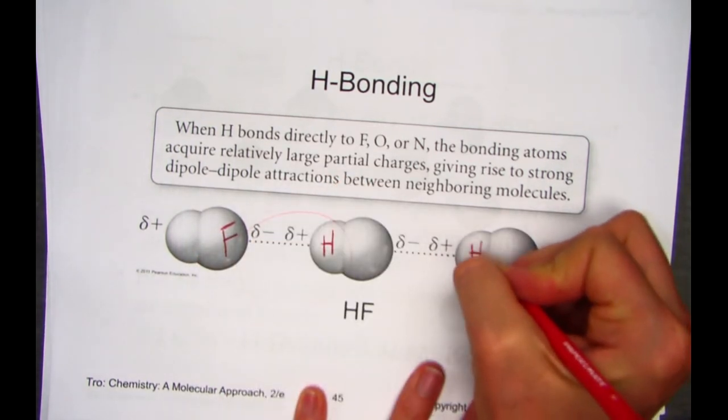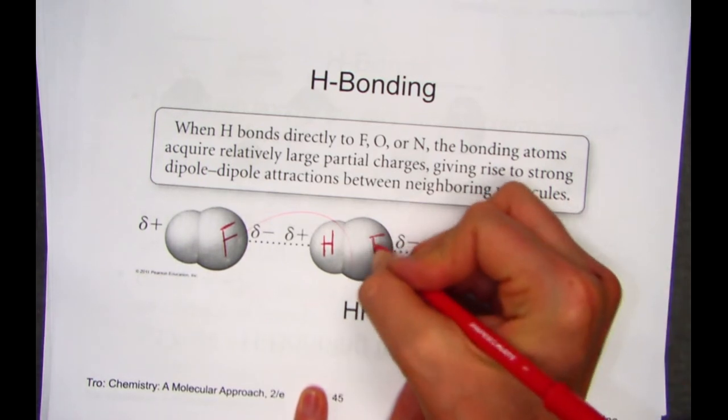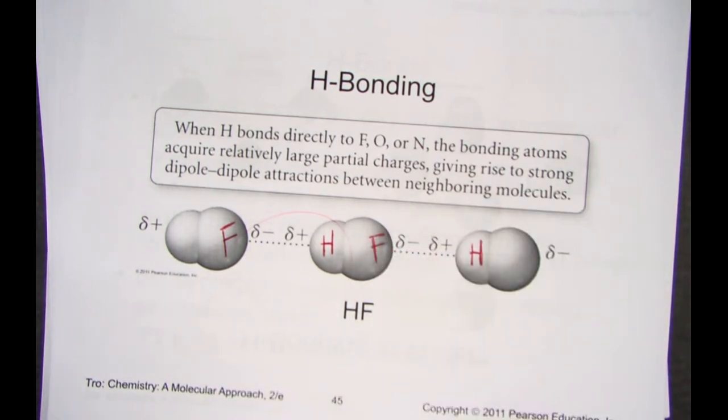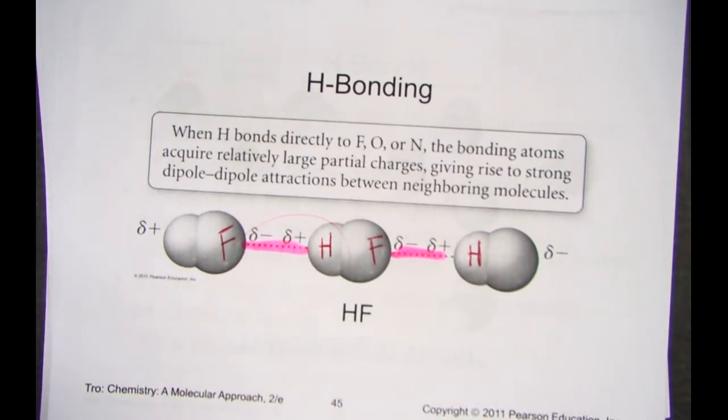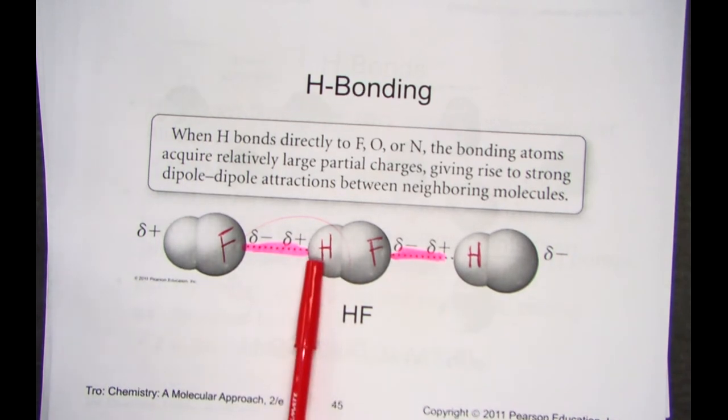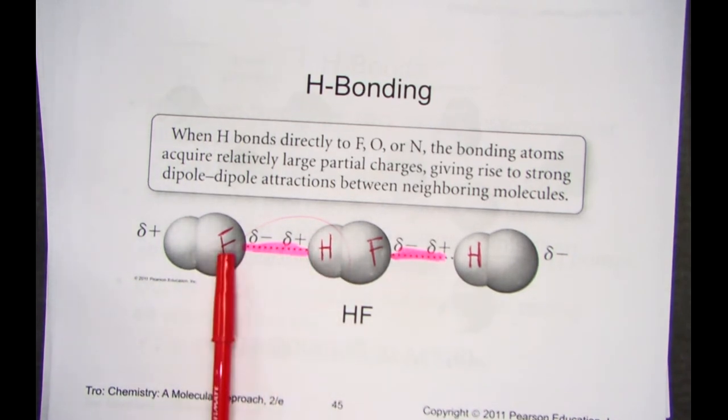This here is the strongest intermolecular attraction known as hydrogen bonding. Hydrogen from one being attracted to either a fluorine or a nitrogen or an oxygen.